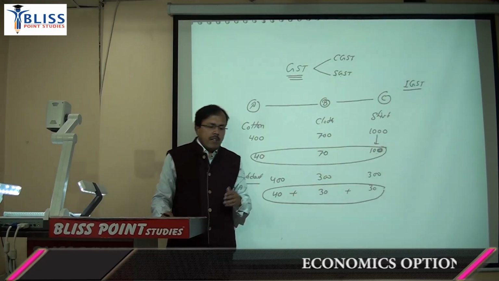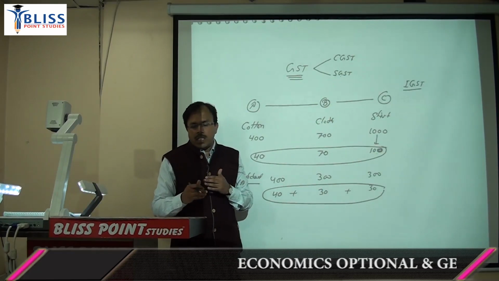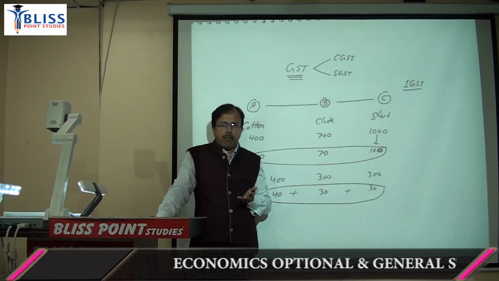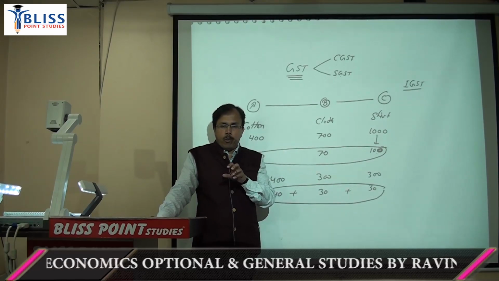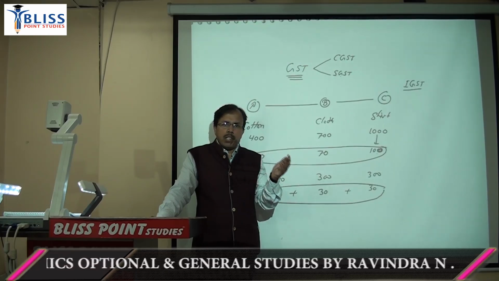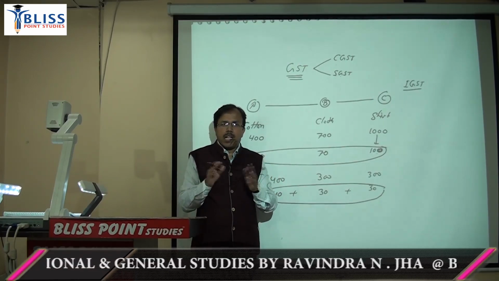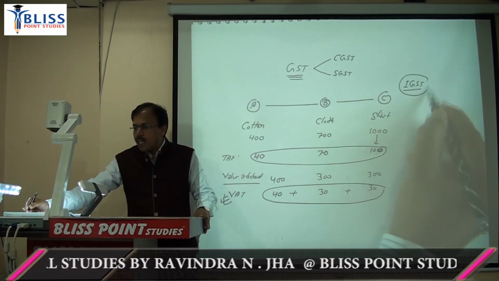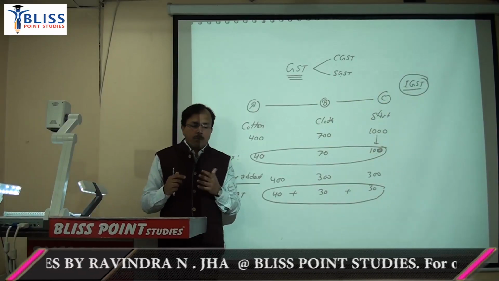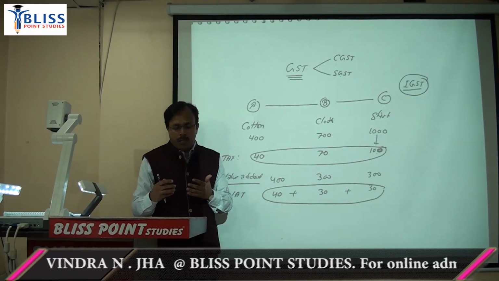But if a student is attending this class online in Chennai, so Delhi becomes the place of origin and Chennai becomes the destination. So two states are involved. In that case, he will be paying IGST. So those types of concepts you should remember.